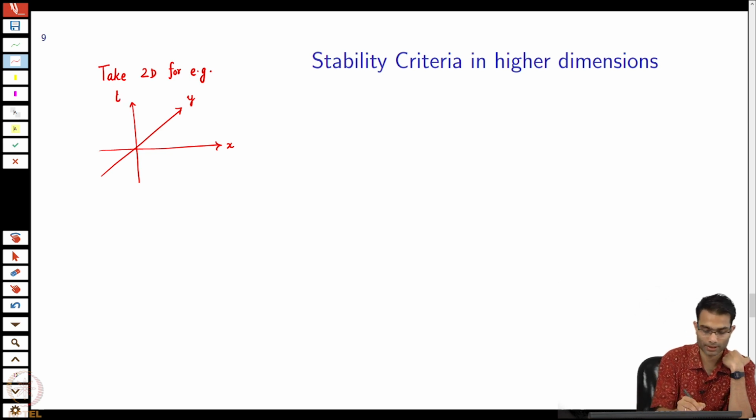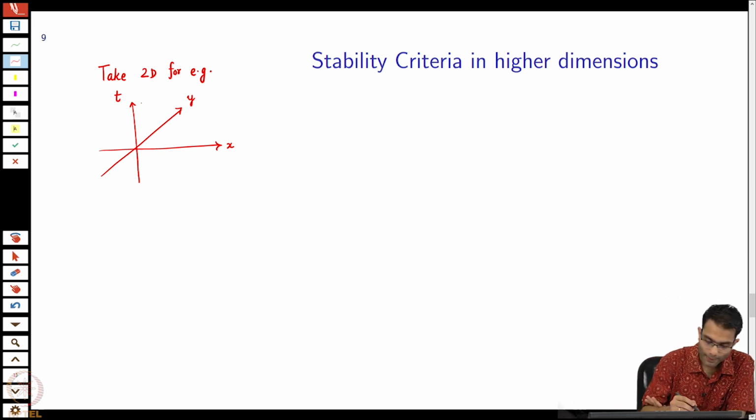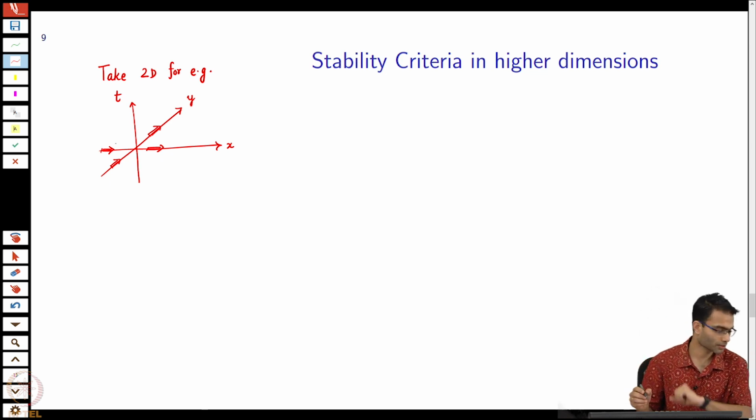T, not z. It's a 2D. There is no z. And within this, my variables are like this. These are the coordinates around my E cell.